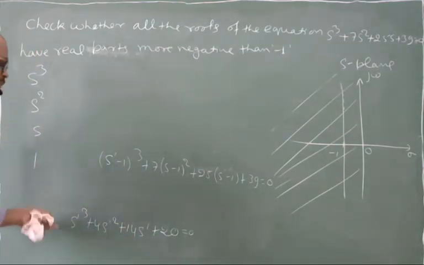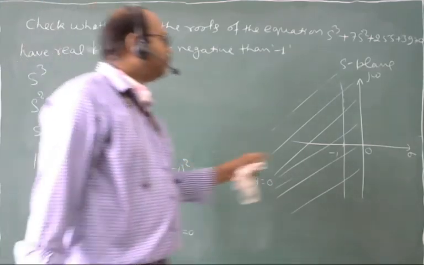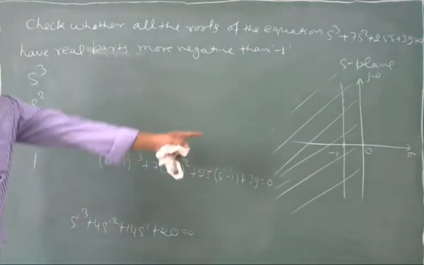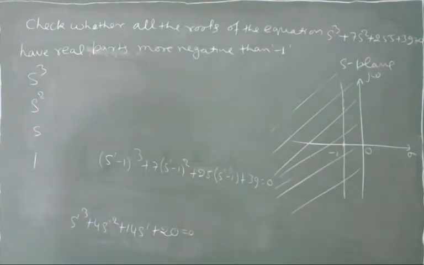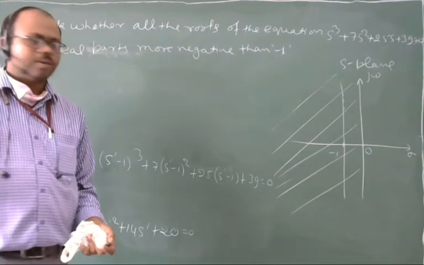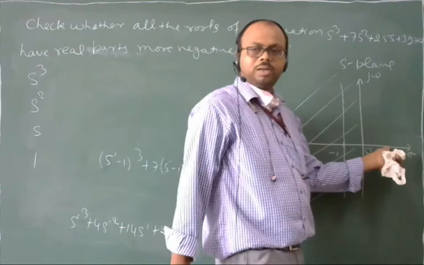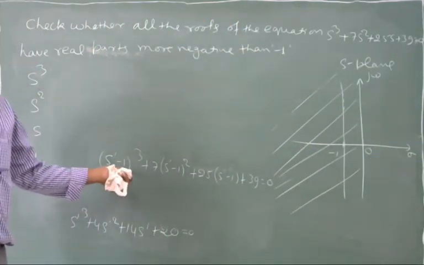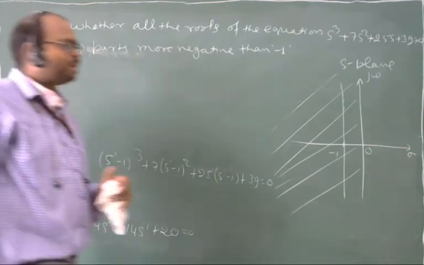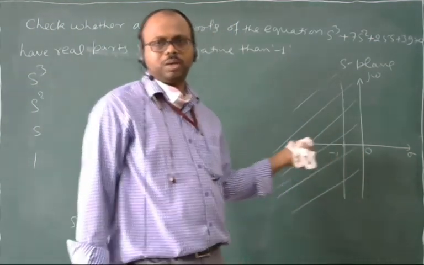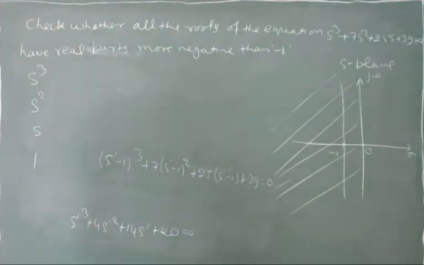And the center of this equation is at minus 1. If I am asking about the center plus 1, then I will replace S with S' plus 1. But I am asking for minus 1, so I have put S' minus 1.